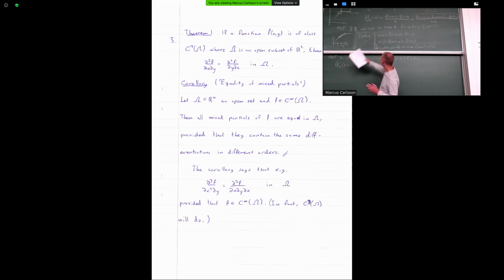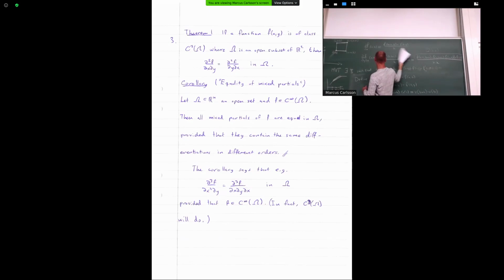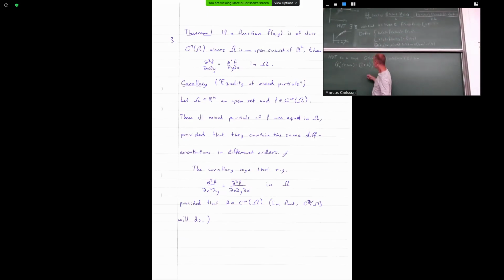If I would have just used my mean value theorem on the Q directly, I would get one psi up here, one psi down here, which are not necessarily the same. And by the time I hit this point, I have psi 1 and psi 2, and then I cannot do much with this. Now the psi is the same. This is thanks to introducing this function u. And then the only thing which is different is the second variable. Here I have b plus k, and here I have b.